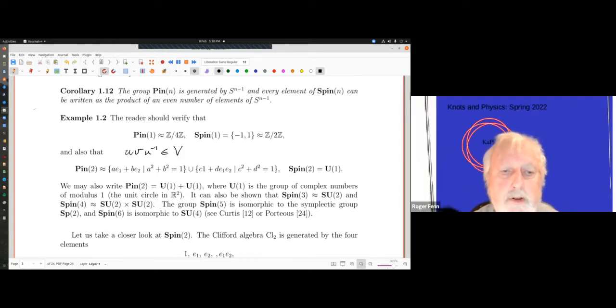And as it's got here, it's a sum of two circles, U1 and U2, U1 plus U1, circle in R2. It can also be shown that spin 3 is isomorphic to SU2, so that's special unitary.